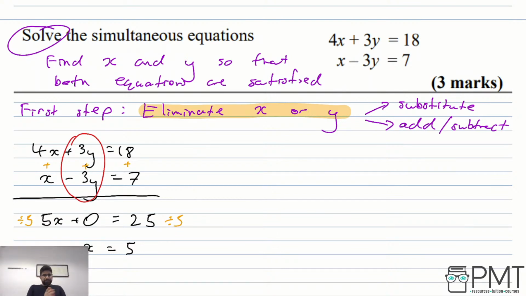Well, we said at the beginning we have got two unknowns. So x is one of the unknowns, which means you still need to find y. So here I found x. Now you need to find y.